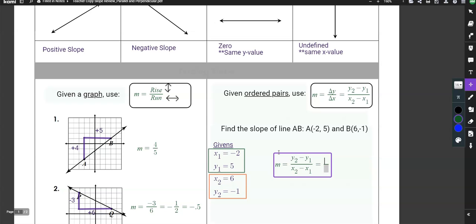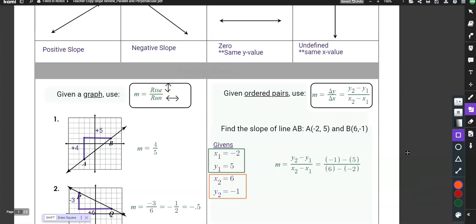All right, so let's substitute in what we know. Our y2 is negative 1 minus our y1, which is 5. And then we have our x2, which is 6, and our x1, which is negative 2. Now again, if you look here, you can see that my y2s are vertically aligned, and my point 1s are vertically aligned as well.